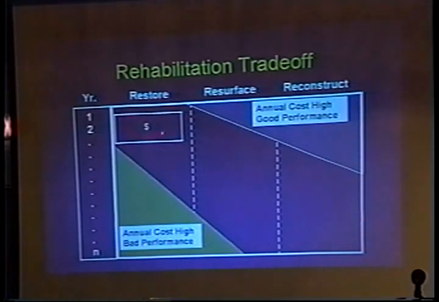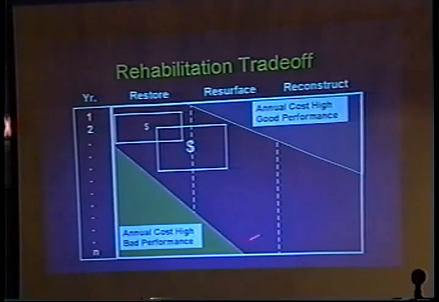Restoration up in this area right in here will cost you less and will give you the biggest bang for your buck. As you go down the ladder here, you've got resurfacing costs that will start entering, plus a combination of restoration. Cost you a little bit more, but it'll give you the biggest bang for your buck.